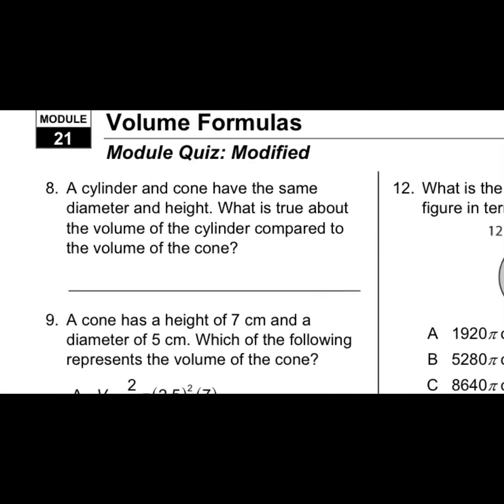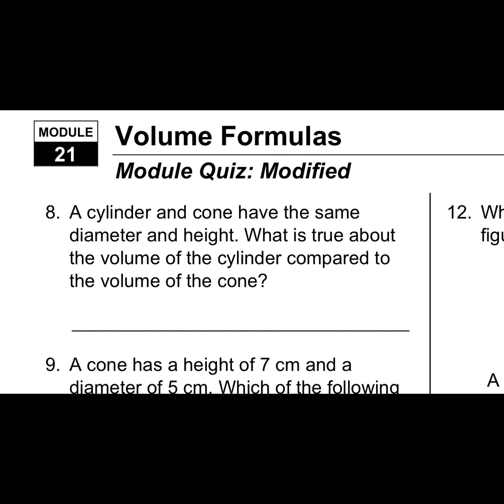That's the front side. Let's take a look at the back side. A cylinder and cone have the same diameter and height. What is true about the volume of the cylinder compared to the volume of the cone? This is kind of the same idea: the volume of a cylinder is area of the base times height, or pi r squared times h.